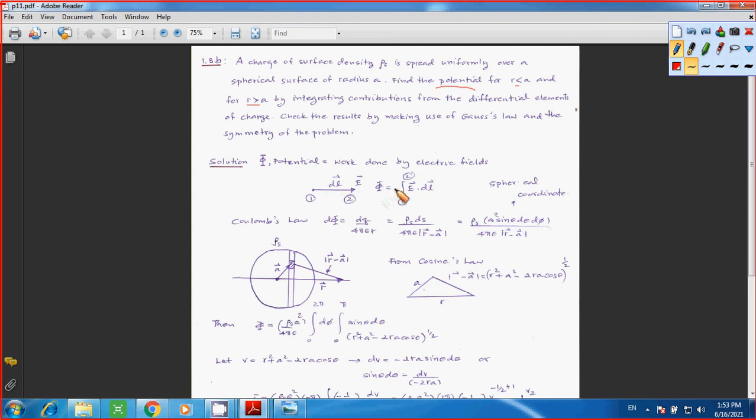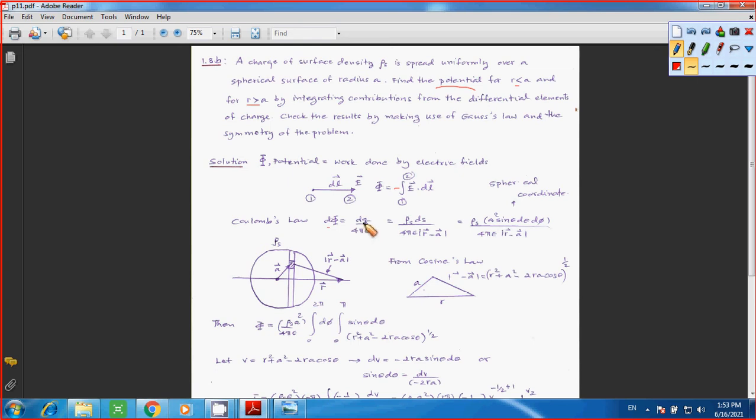Actually, I'm missing a negative sign here, sorry. So your potential difference is going to be the negative line integration of E dot dl. And from Coulomb's law, this is the simple equation that you can use for a system that's not so complicated: phi is going to be dq over 4 pi epsilon r.